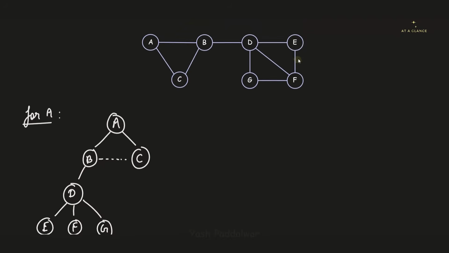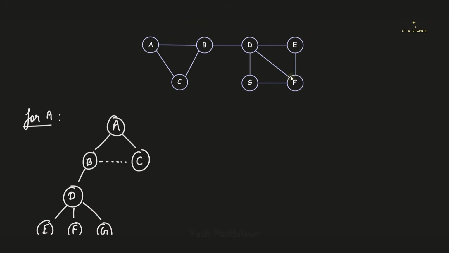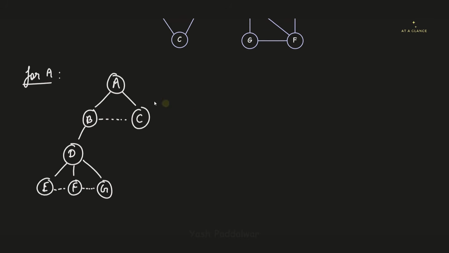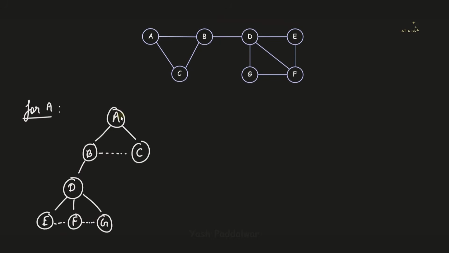And you can see that E, F and G are connected with each other, so let's again show their connection with a dotted line. So this is the tree-like structure that we have created by keeping the root node as A.